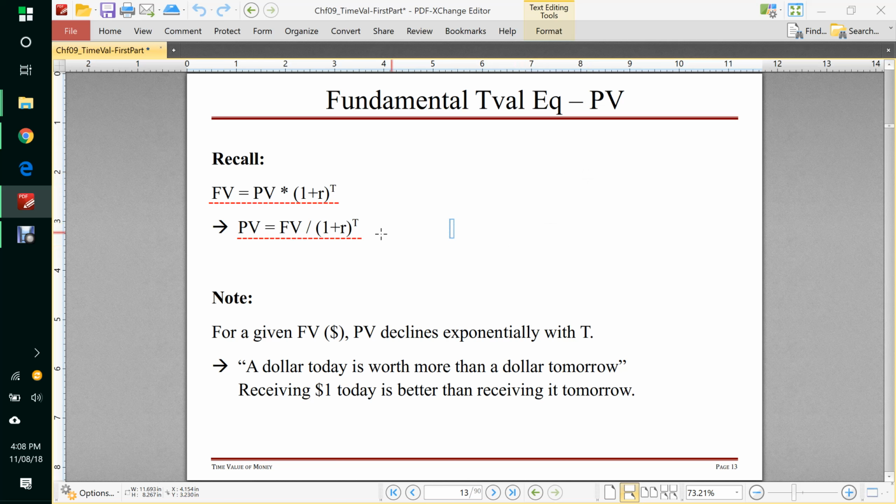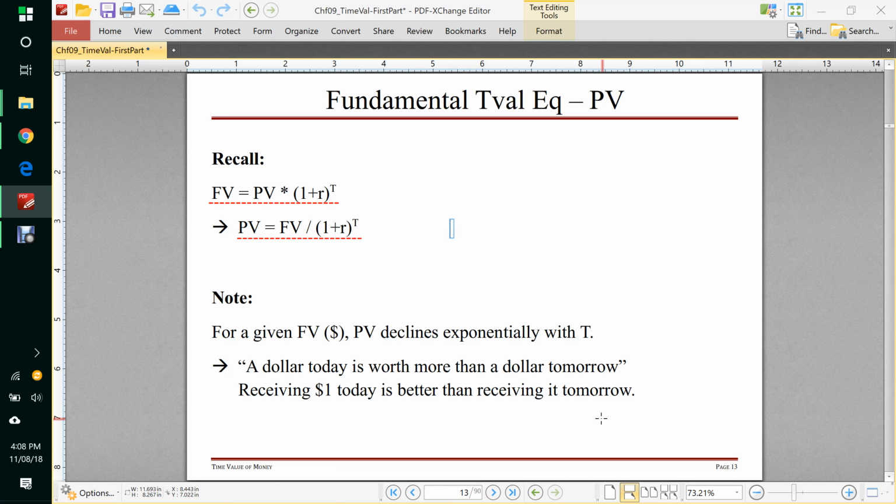Okay, so we can solve it, of course, for present value. Okay, so in a case like that, we would look at this and say for a given future value, our present value is going to decline exponentially with t. That makes sense. And that leads to the saying a dollar today is worth more than a dollar tomorrow, or receiving a dollar today is better than receiving it tomorrow.